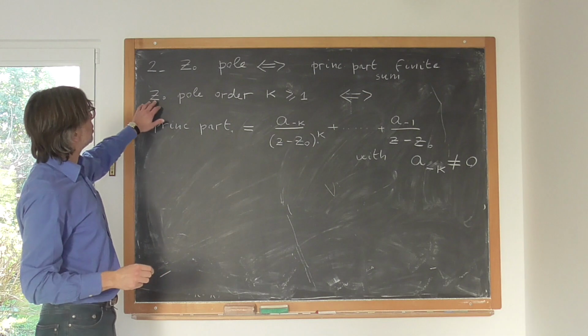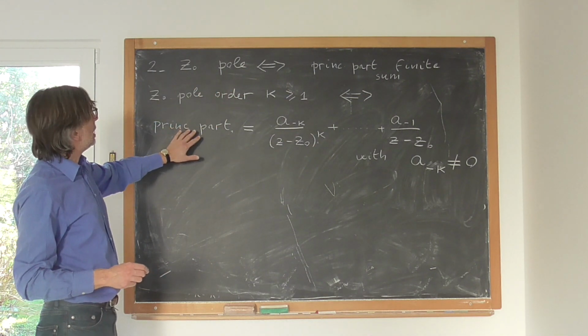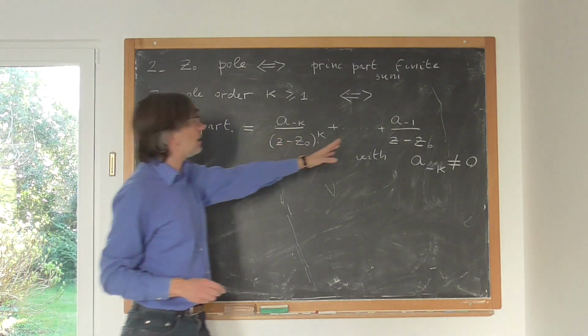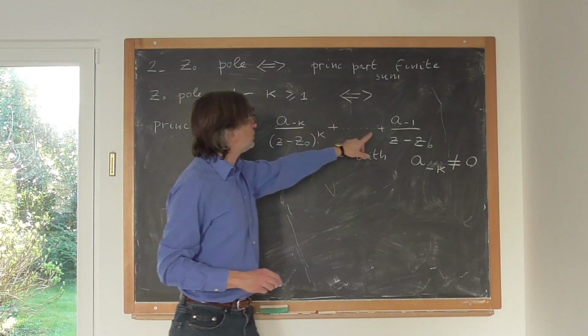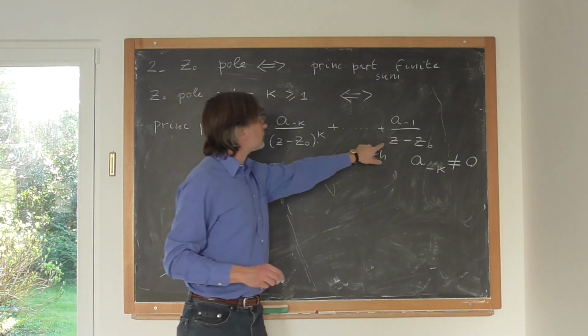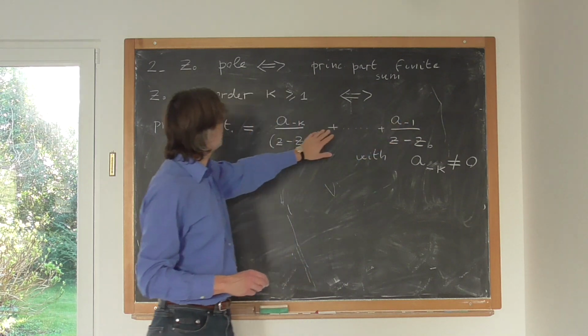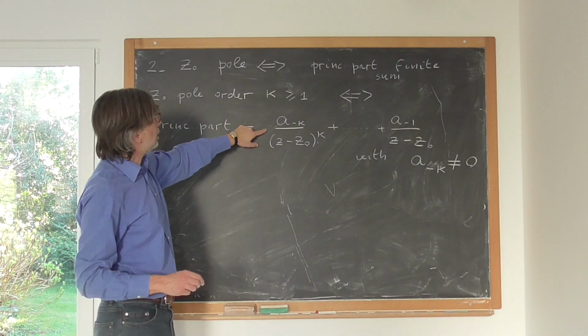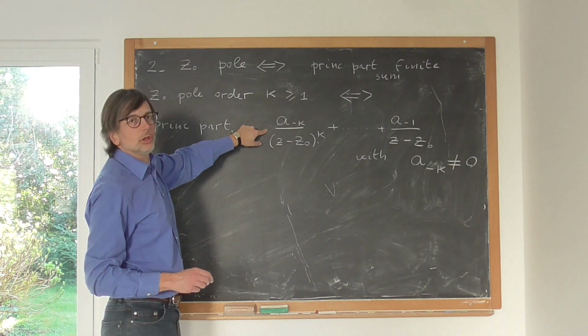Okay? z0 is a pole of order k if and only if the principal part is this finite sum. You have some terms with lower powers of 1 over z minus z0. This could also be 0, but here the term with the power minus k is non-zero.